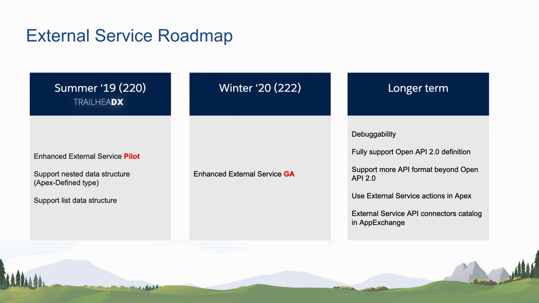So we are targeting to fill in those gaps. In addition to supporting OpenAPI 2.0, we are also looking at what other industry standards there are to describe common APIs. And as a result, in the longer term, we would support these other industry standards like OpenAPI 3.0 or RAML that is owned by MuleSoft.